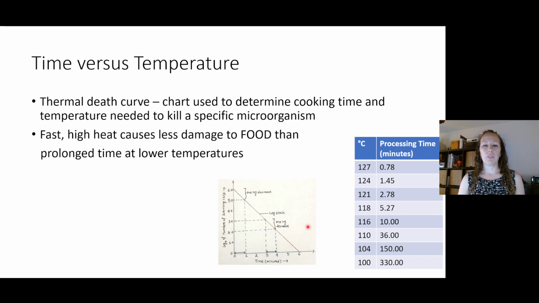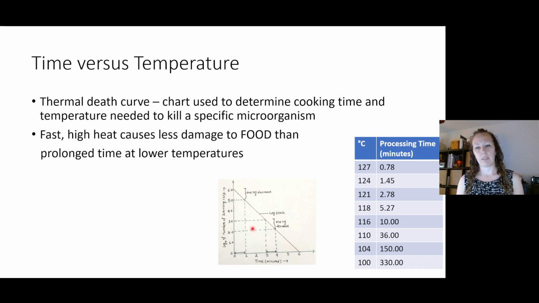And so how the table in the book was developed was from multiples of these. This table has 1, 2, 3, 4, 5, 6, 8 temperatures. So there would be 8 different graphs where someone has measured the decrease in surviving cells at that specific temperature over time.